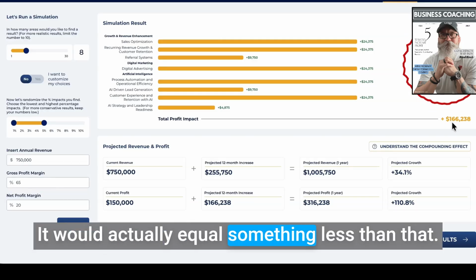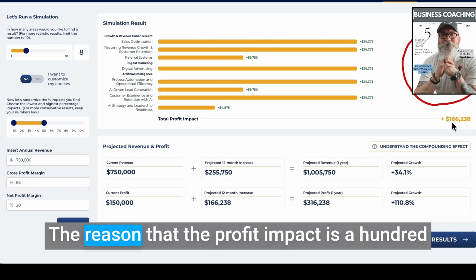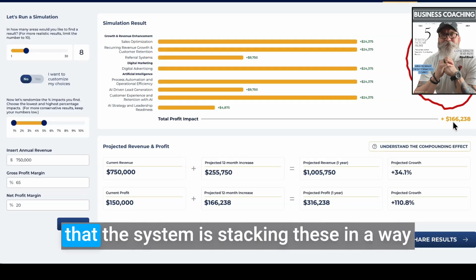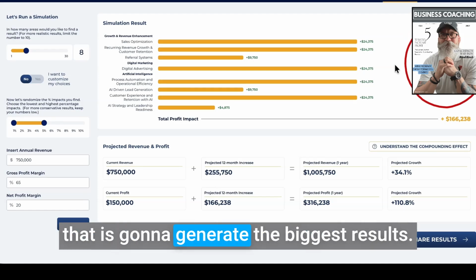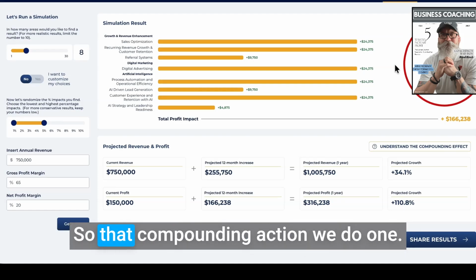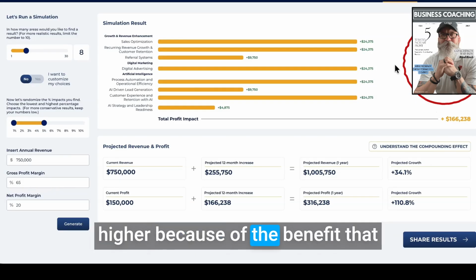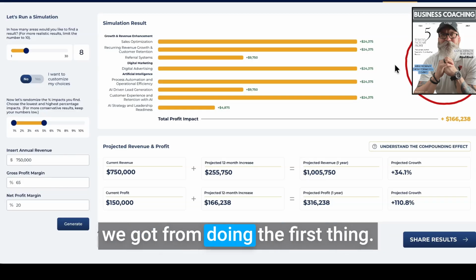It would actually equal something less than that. The reason that the profit impact is 166,238 in this case is that the system is stacking these in a way that is going to generate the biggest results. So that compounding action. We do one and the next one starts at a level higher because of the benefit that we got from doing the first thing.